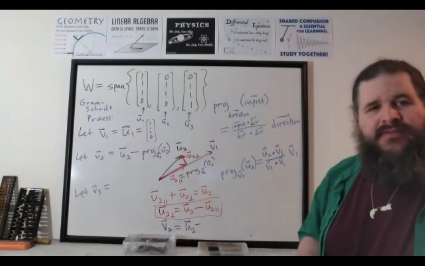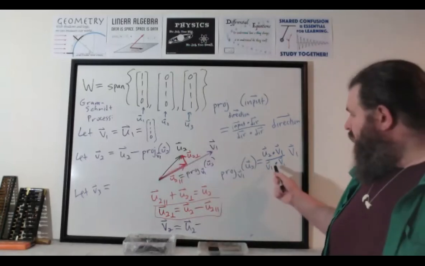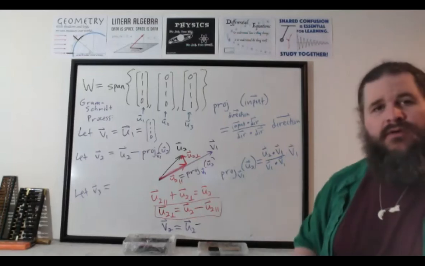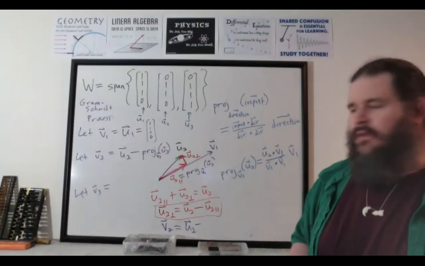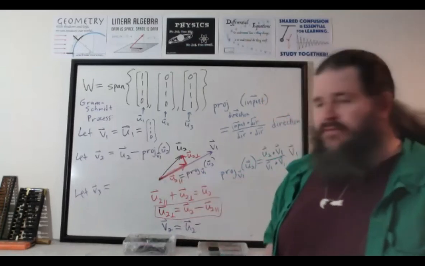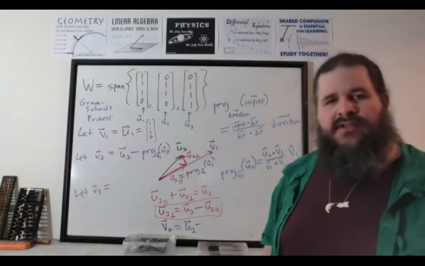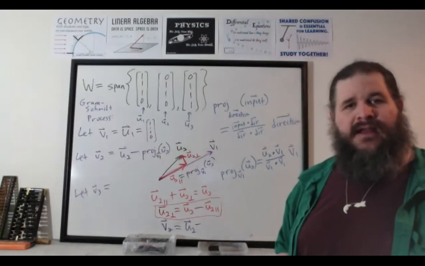And as a quick check, the idea is we want to create a vector that's in the same direction as V1. This is a scalar times V1, so it will be in the V1 direction. So we can use that as a replacement for the projection of U2 onto V1. Any questions on that so far before we start running the actual calculations?